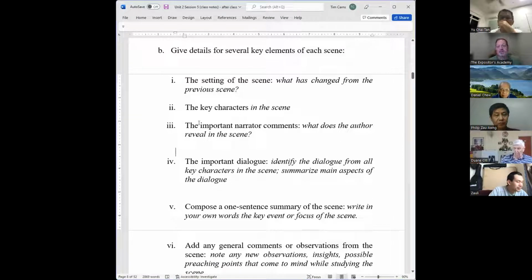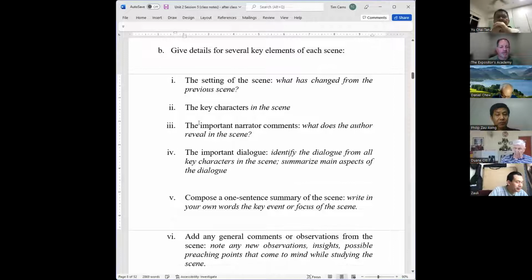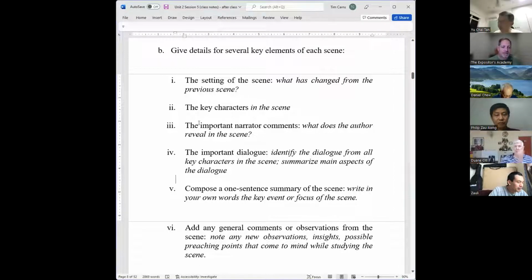What are some important comments from the narrator in each scene? And then what are some important statements from the characters in each scene? And by important, I just mean what looks to be important based on what you understand of the story at that point, okay?